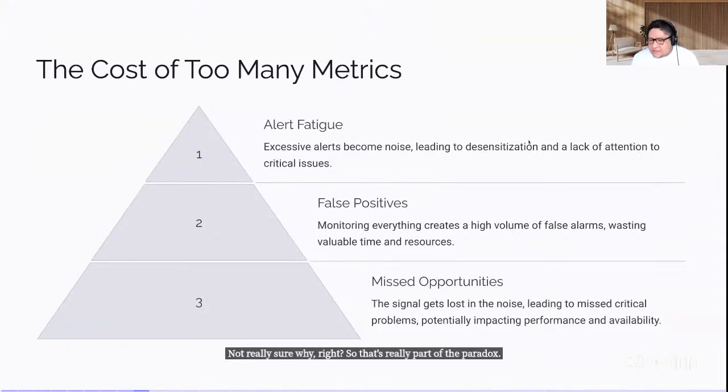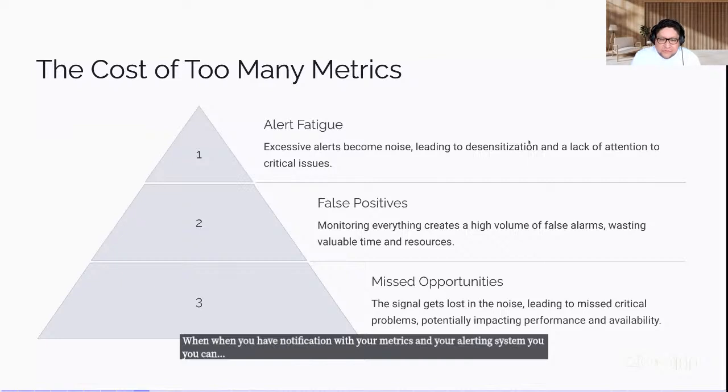There is this because of too many metrics. When you have notifications with your metrics and your alerting system, you will face, or your team will face, the alert fatigue of having alert storms, right?